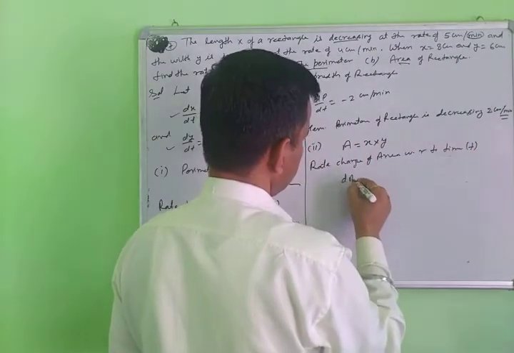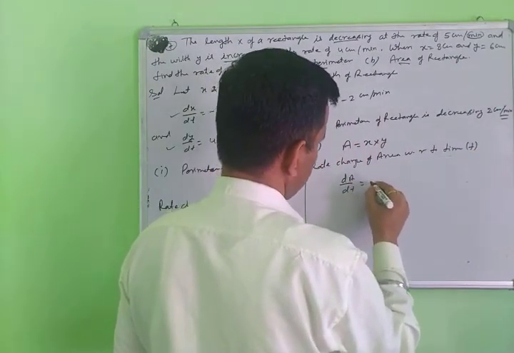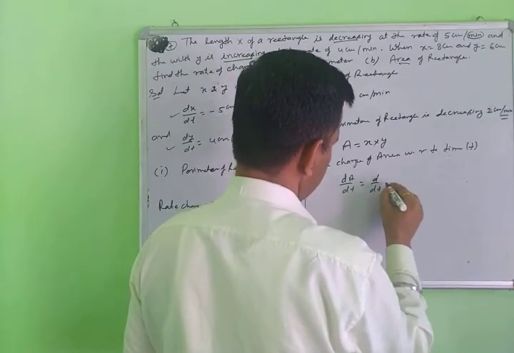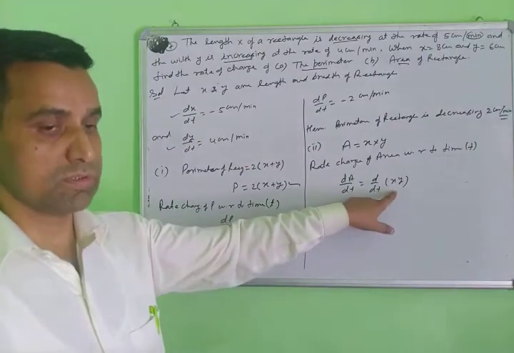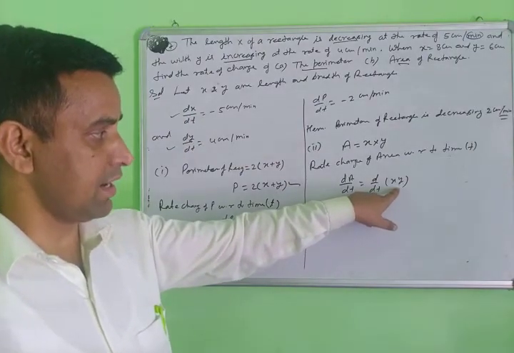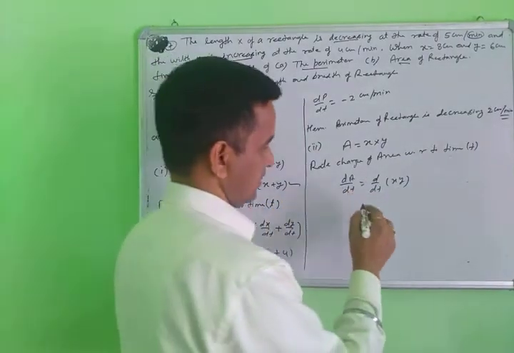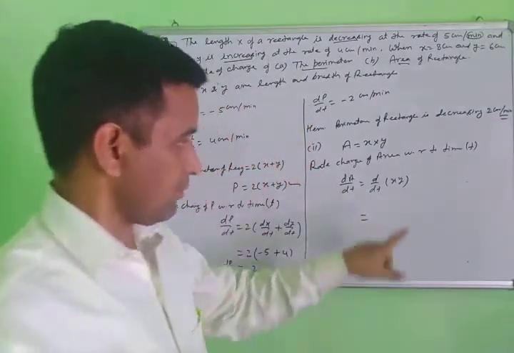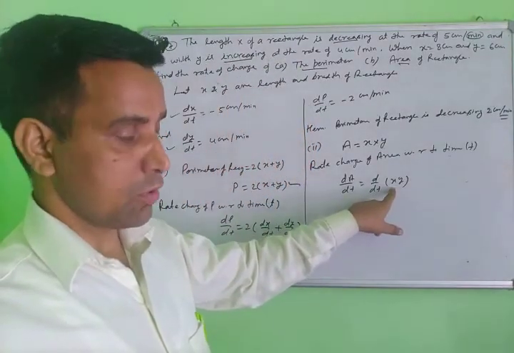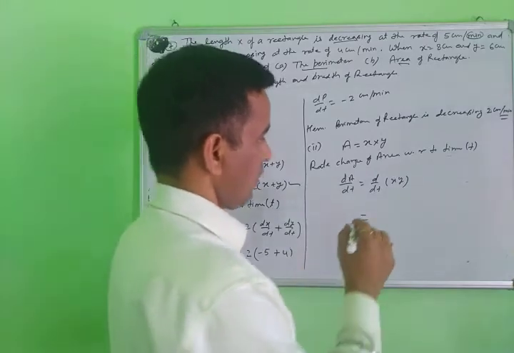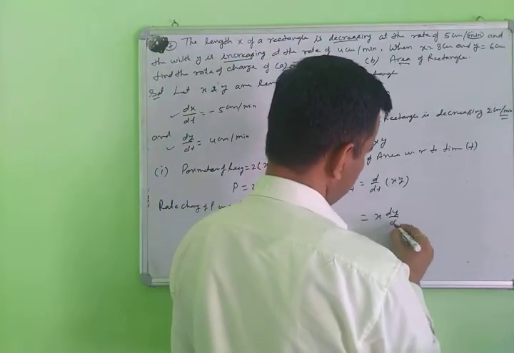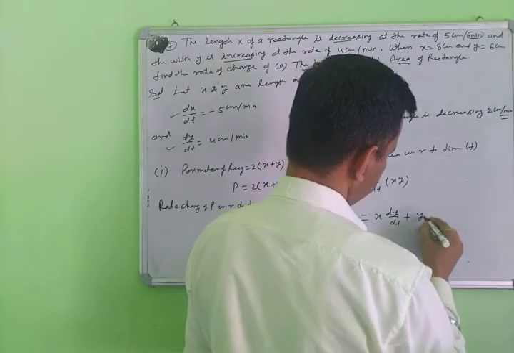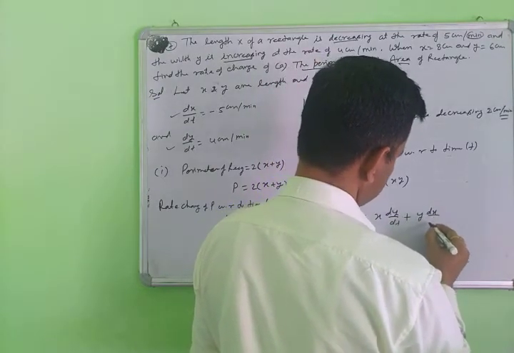So dA over dt equals d over dt of xy. We are using the product rule. Differentiate the product according to the product rule: first function times the derivative of the second function, x dy over dt, plus second function times the derivative of the first function, y dx over dt.